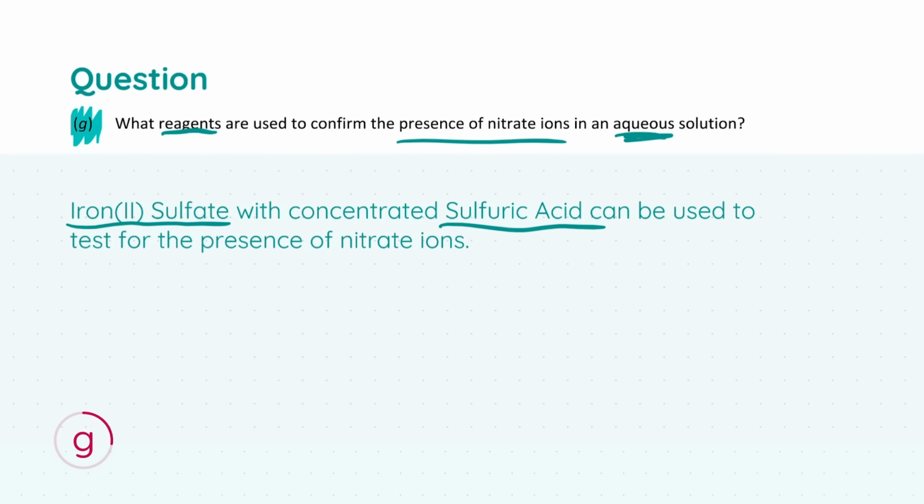If you wanted to write that as FeSO4, I believe, it's iron sulfate, or you could do ammonium iron(II) sulfate. Mixing that with the concentrated sulfuric acid will give you that test for those nitrate ions. And there are a couple of other reagents that you might have learned, and they're also completely acceptable.